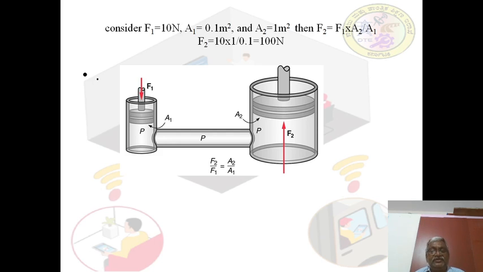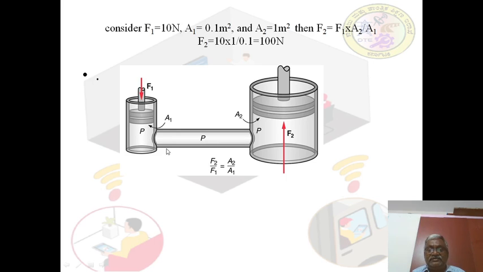F1 is 10 Newton and A1 equals 0.1 meter square. Force by area gives pressure. So 10 by 0.1 gives 100 Newton per meter square. Such a pressure is developed inside the system.